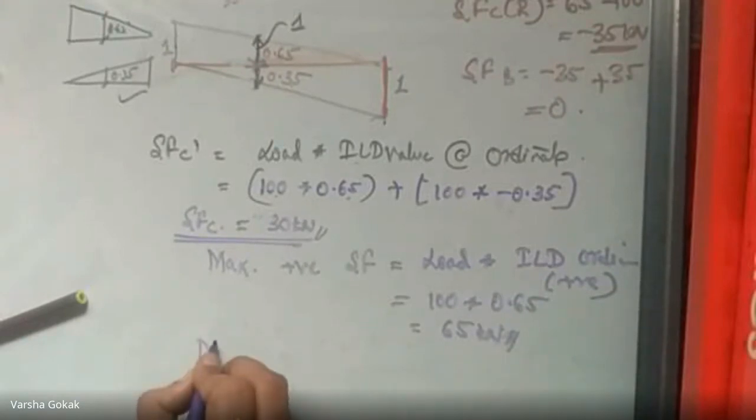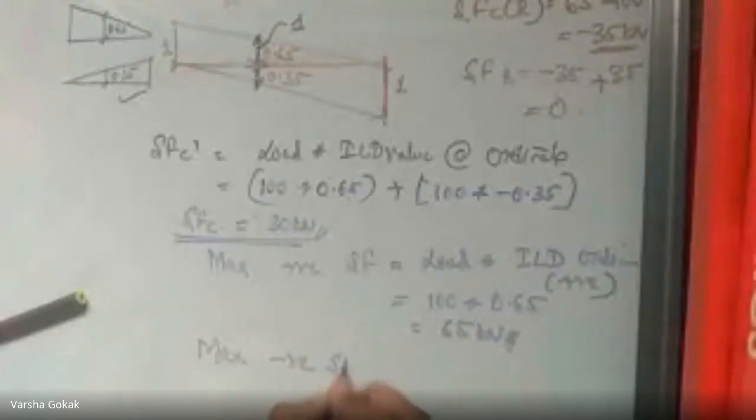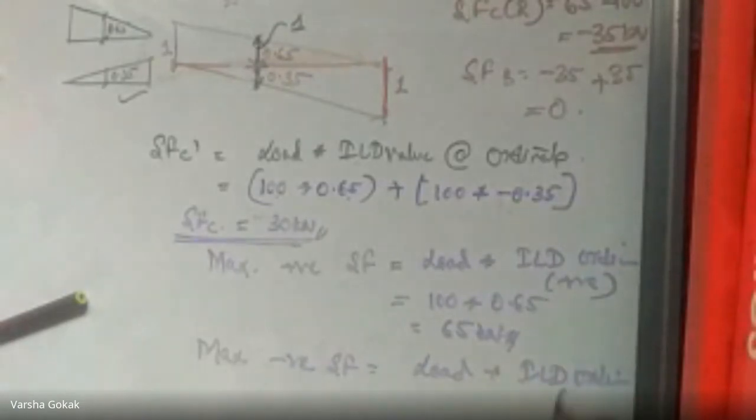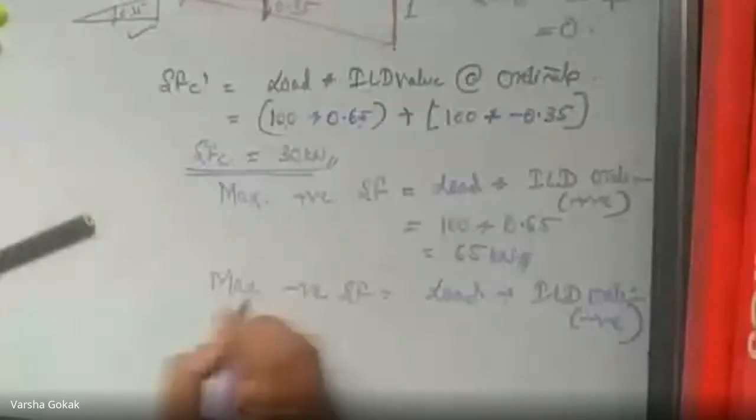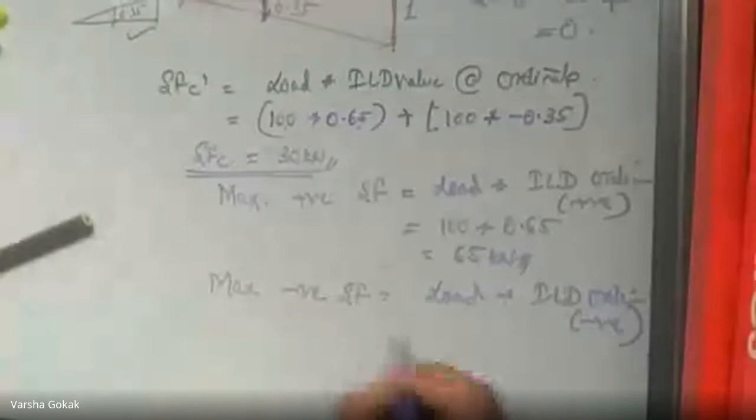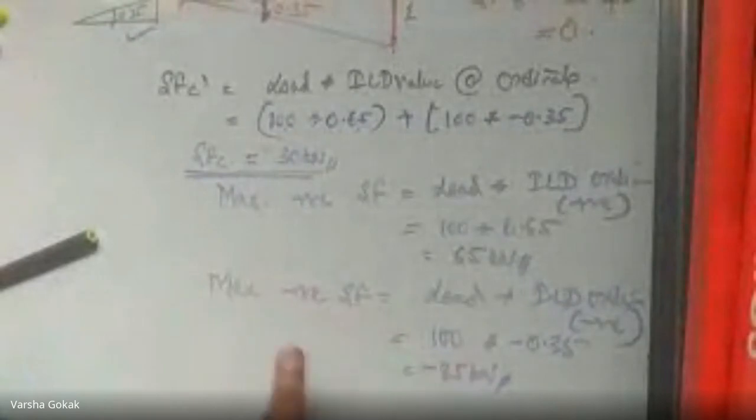And similarly, if I want to calculate the maximum negative shear force, again it is load into the ILD ordinate which is a negative value. So load is 100 and the negative value is minus 0.35. So that is 35 kilonewton. So minus you can write. So 35 kilonewton or minus 35 kilonewton is the maximum negative shear force that is going to be put into the beam.